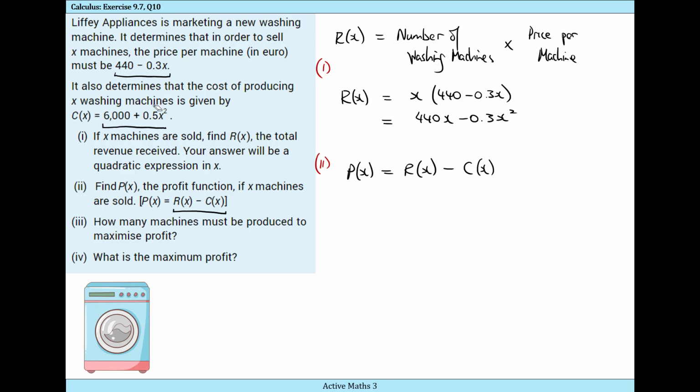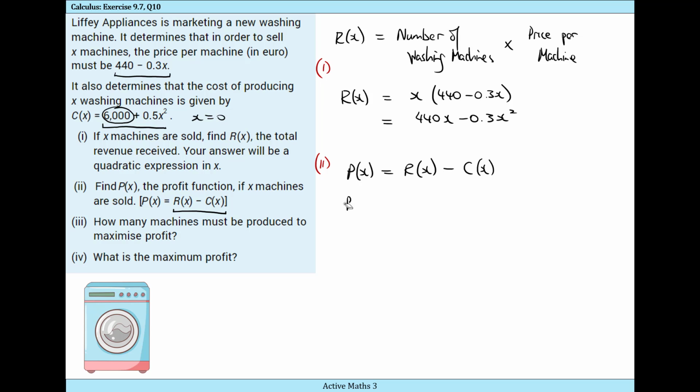If x equals 0, where we make no washing machines, there's still a cost of 6,000 euros, covering things like light and heat, overheads and renting premises. Then for every washing machine you make, you square that number and times it by 0.5, so there's an increasing cost depending on how many washing machines you make. So this is our cost function.